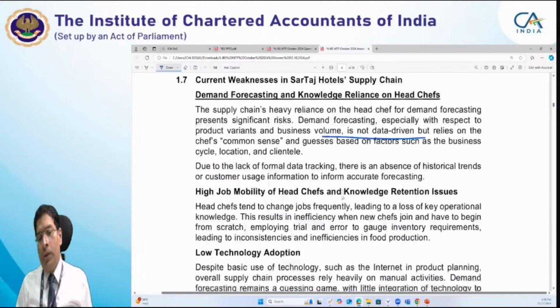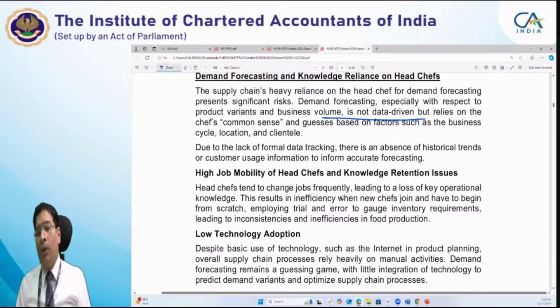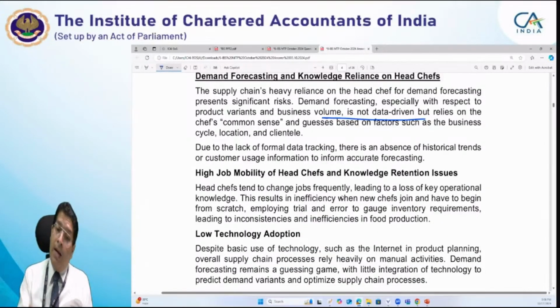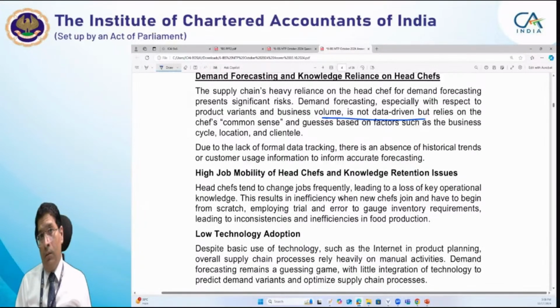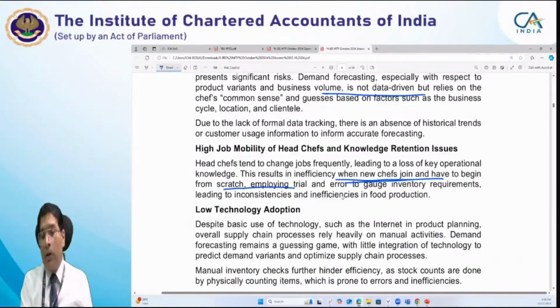Next issue is high job mobility. As I told you earlier, if head chef leaves the job, how you will retain his knowledge? Here it is very important to capture his knowledge. If he leaves the job, then new chef who joins has to begin from scratch. Next is low technology adoption.